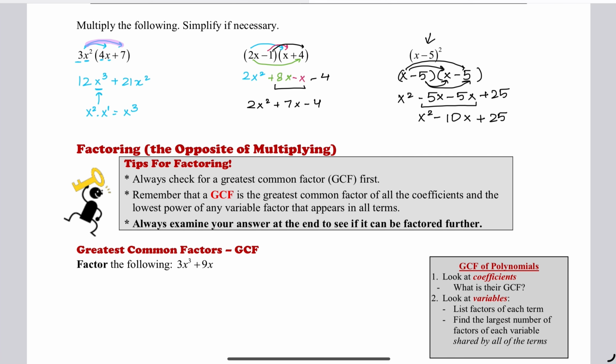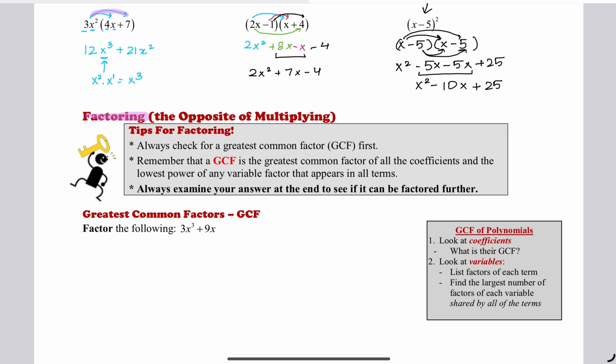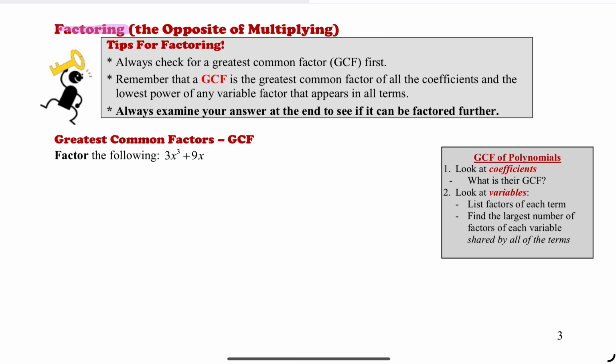Now we'll look at factorizing and factoring, and that's opposite of multiplying. So we're looking at finding a common term and basically dividing it to factor out and leave what's left. So tips for factorizing: make sure you look for the greatest common factor.